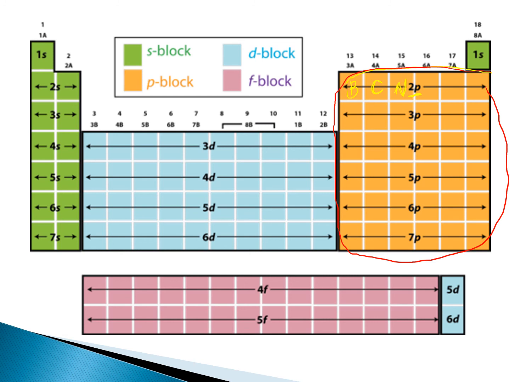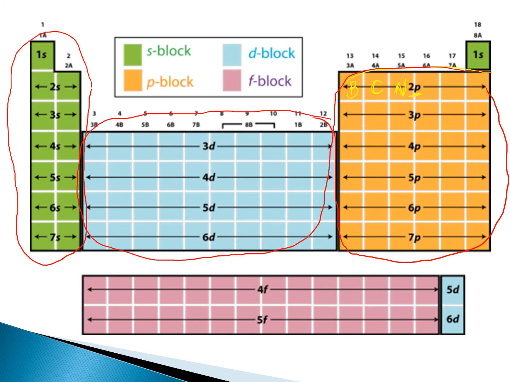Okay, so p block. Now dito, ito naman yung tinatawag nating s block. So ang electronic configuration ng mga elements na nandito ay nagtatapos palagi with s orbital. And then, yung nasa gitna, ito yung ating transition elements or transition metals, ito naman po yung tinatawag nating D block, because all the elements in this part of the periodic table, meron pong laman na electron yung kanyang D orbitals.